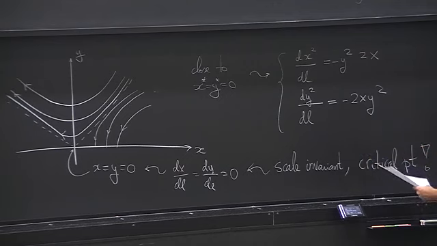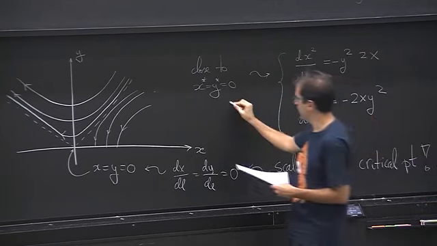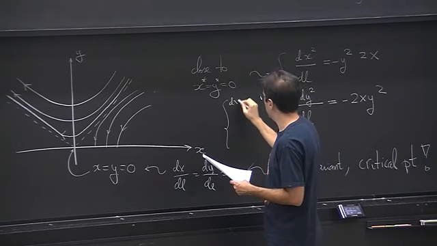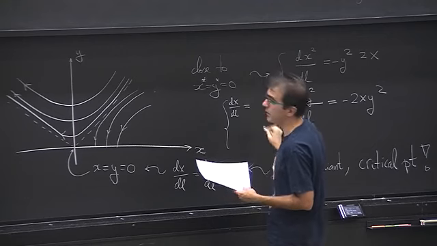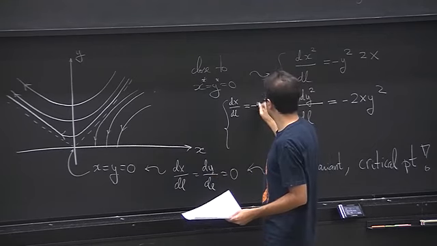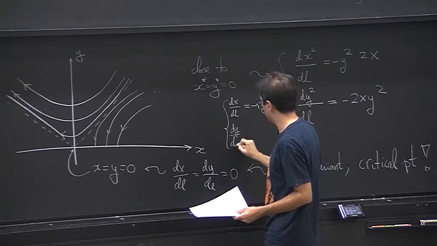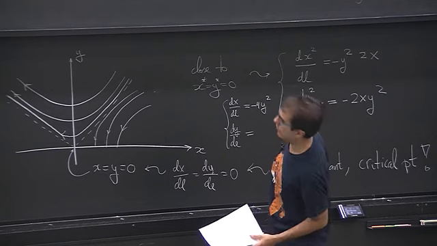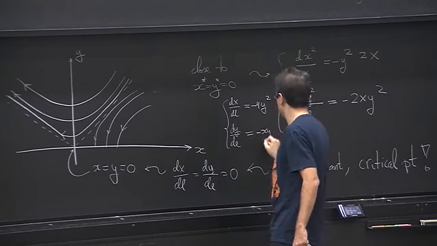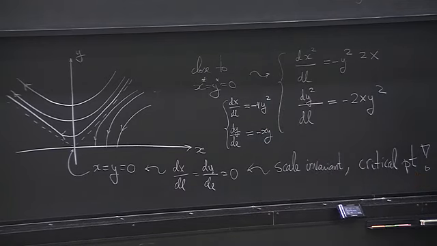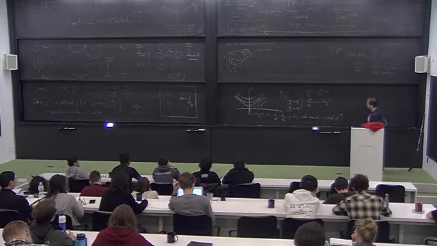Because close to the critical point, before doing these tricks, we get just dx/dl equal to minus 4y squared, and dy/dl equal to minus xy. We ignore the higher-order terms. We are expanding close to x equal y equals 0. And then this implies these equations, if I did no mistake.